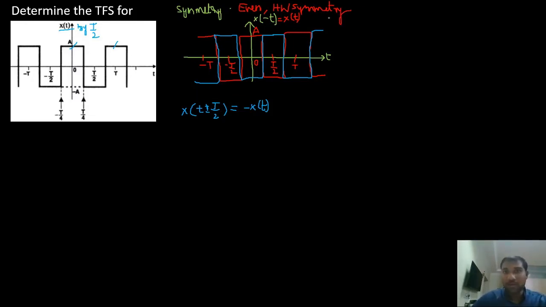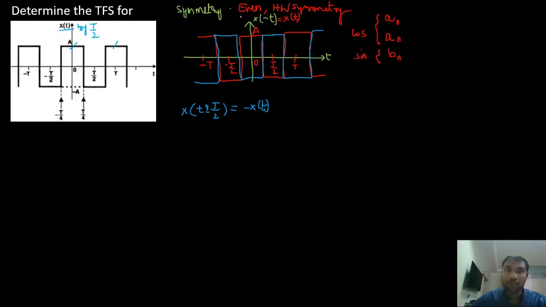So first of all, what are the three coefficients we have to find for TFS or trigonometric Fourier series? The first one is A0, the second one is An, and the third one is Bn, right? A0 and An are for cos, and Bn is for sine.